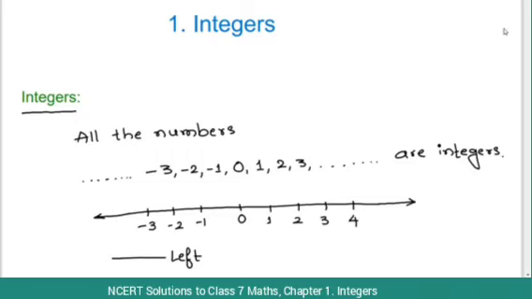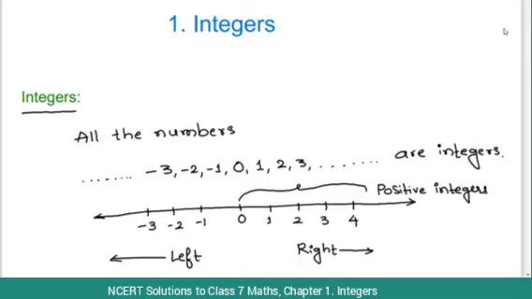This is the left side, negative numbers, and this is the right side of a number line, we will be having positive numbers, or positive integers. 1, 2, 3, 4 are positive integers and -1, -2, -3 and so on are the negative integers.